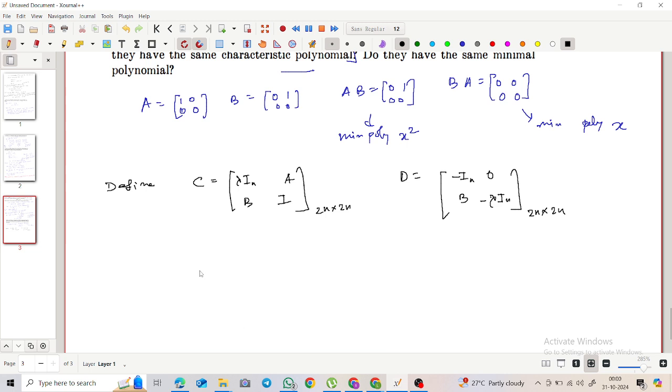So what is CD? CD is minus lambda IN plus AB, minus lambda I. Please check the calculations. I am computing CD.